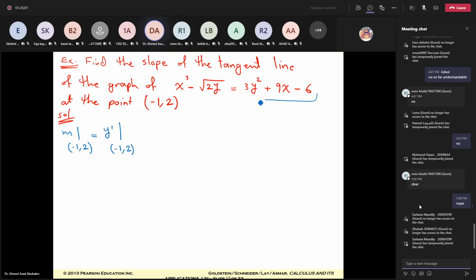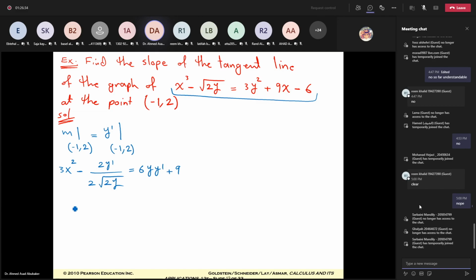This is the relation. The derivative: 3x² minus the derivative of √(2y), which is 2y′ over 2√(2y), equals 6y y′ plus 9 minus 6 equals 0.